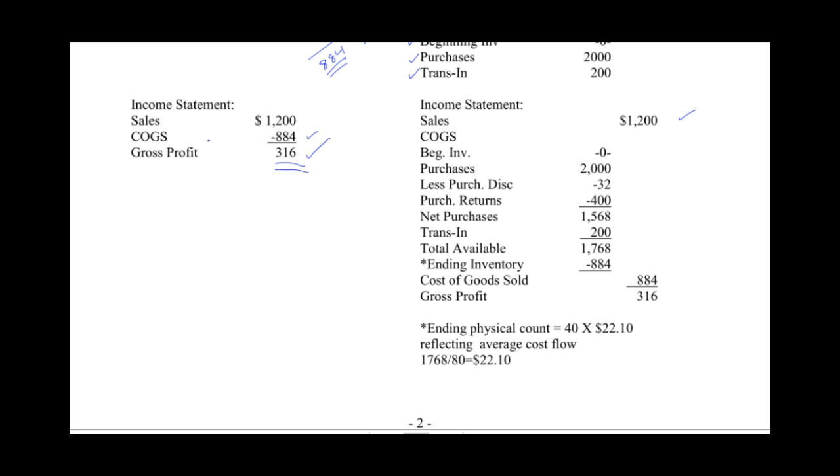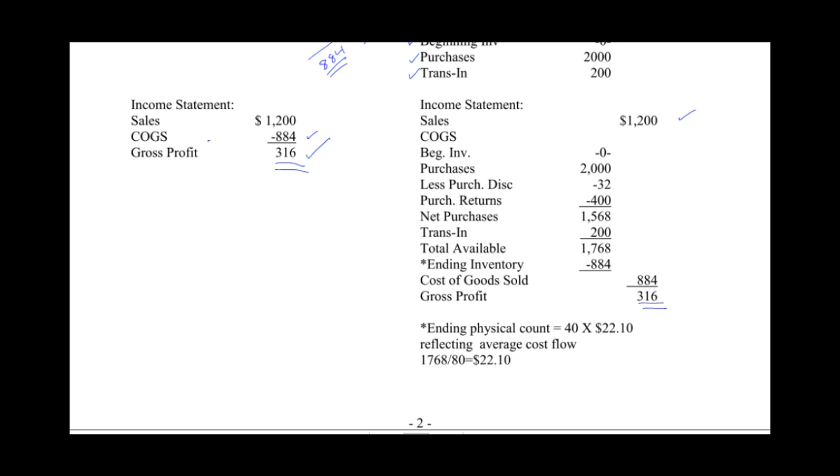You can show the detail, which is the purchases less discounts and returns and allowances and freight, total available minus the sale, cost of goods sold, sales minus cost of goods sold, same gross profit as with the perpetual method. You can show the detail, or you could just show 884 as cost of goods sold and ending inventory.